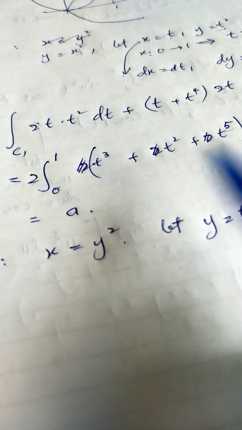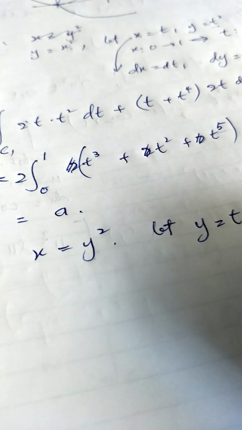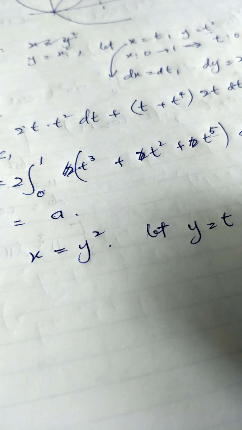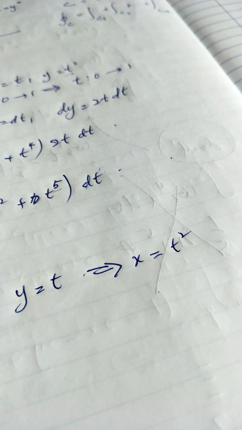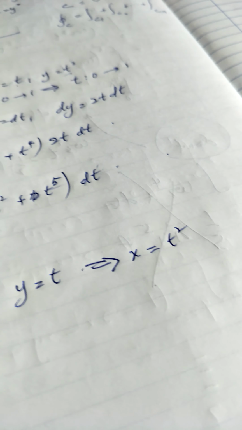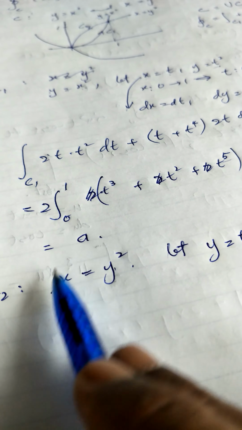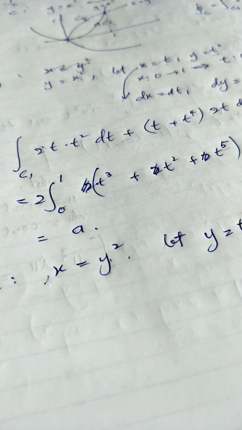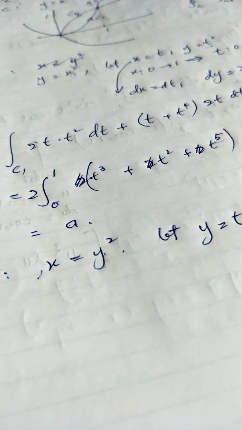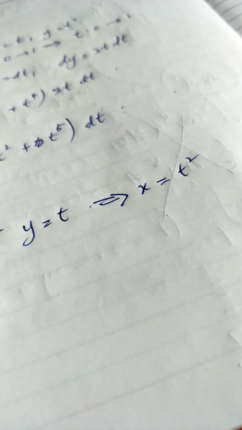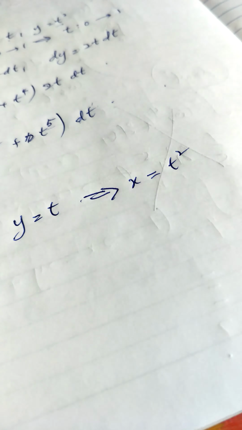So I can write x in terms of y, so we have x equal to t squared. Much easier. If you choose x equal to t, then you have to write y equal to square root of t. The square root is not good, basically. It doesn't mean you cannot do it, but I think this is much easier.